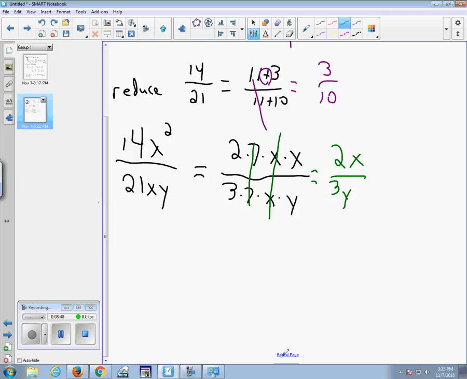Same idea with polynomials that are more than one term. So x squared minus x minus 6 over x squared minus 6x plus 9.